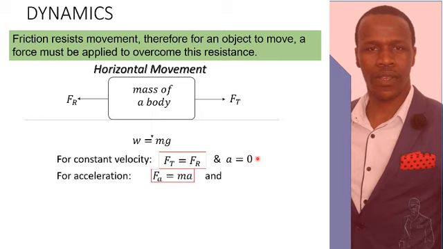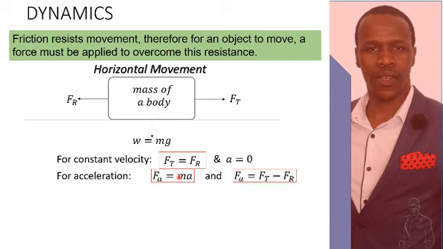What if there is acceleration? Then we will have Ft equaling Fa plus Fr, or simply put, Fa will equal Ft minus Fr, and also Fa will equal ma. And remember, we saw this in our formula sheet, so this basically is the only formula that is in the formula sheet.